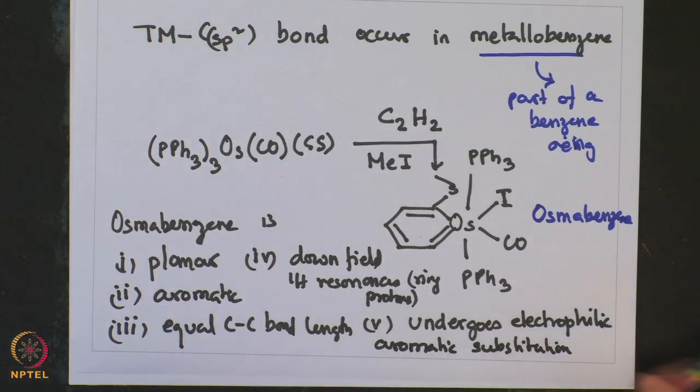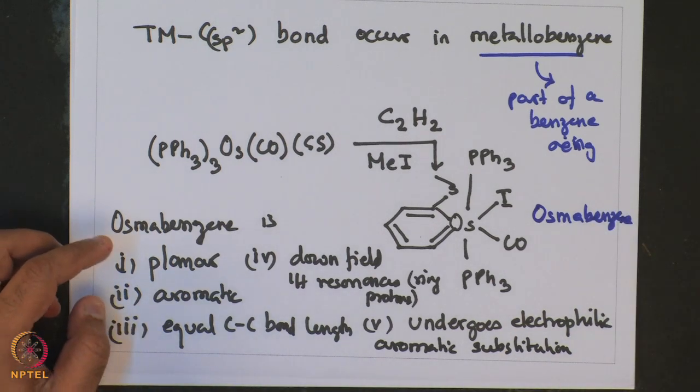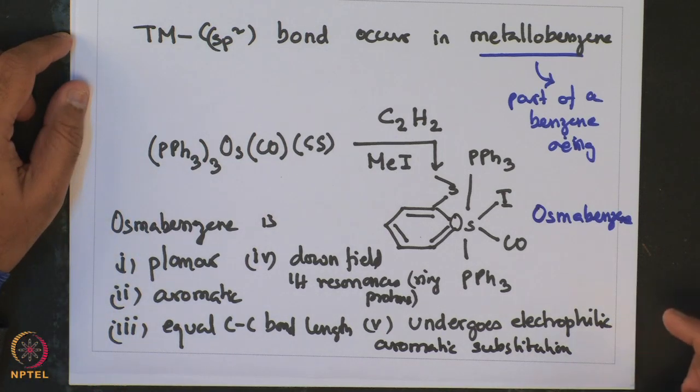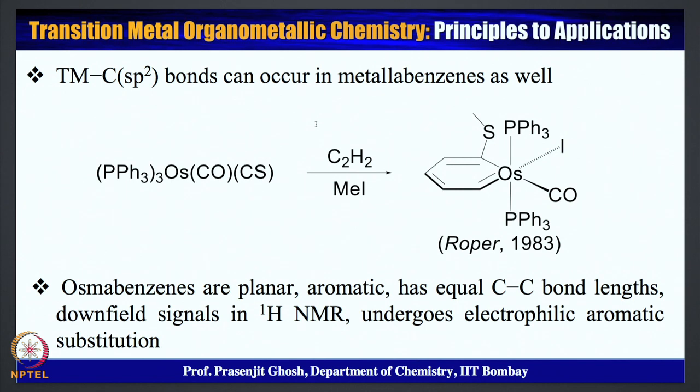So, this is an important application of metal aryl compounds, whereby an inorganic analog of the very famous organic molecule benzene can be prepared, and these metallobenzenes can also exhibit parallel activity similar to real organic benzene in terms of being planar, aromatic, displaying equal carbon-carbon bond lengths, also showing downfield shifts for the ring proton, and finally exhibiting similar electrophilic aromatic substitution reaction as shown by real benzene.